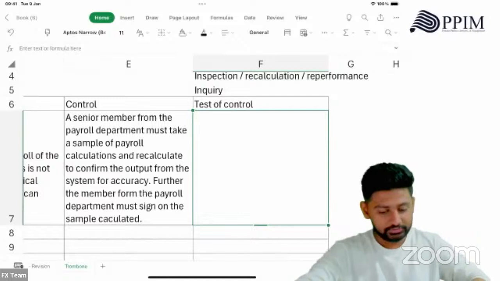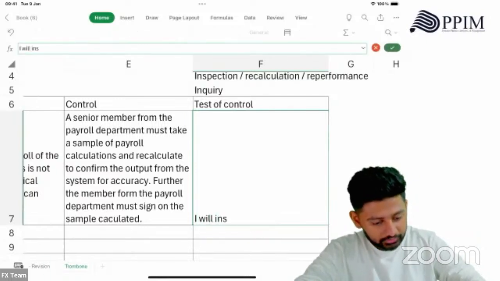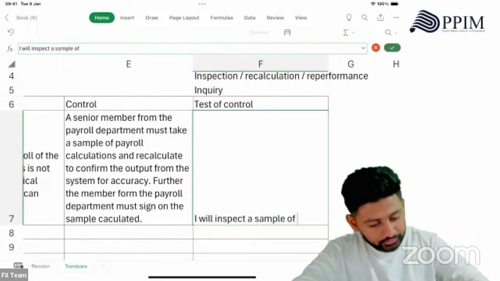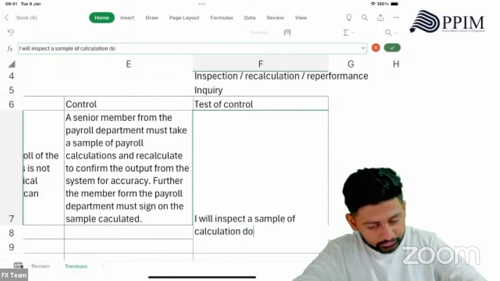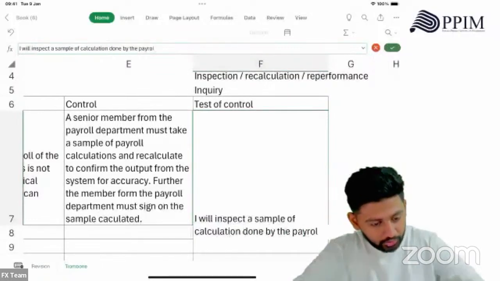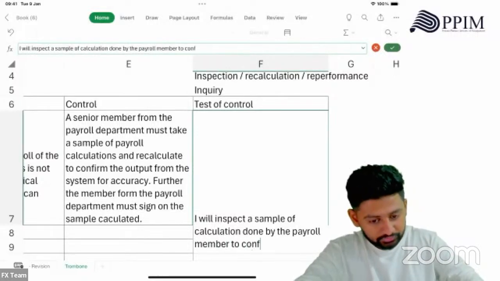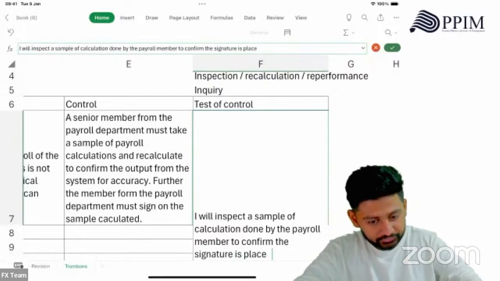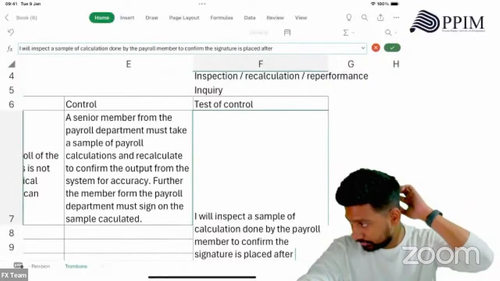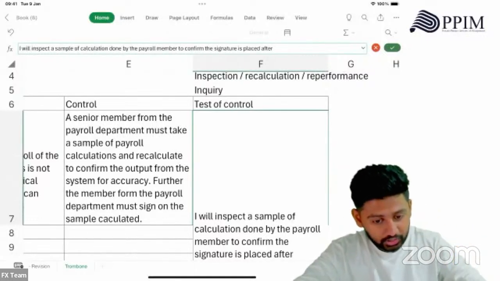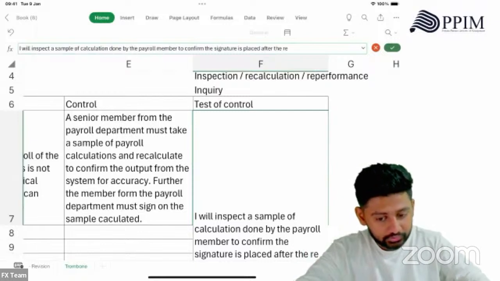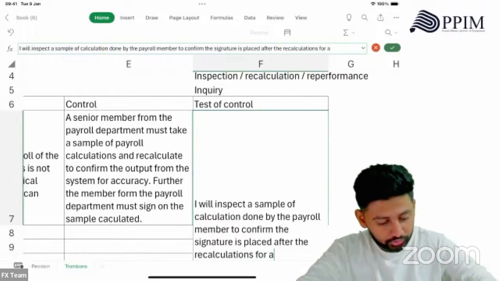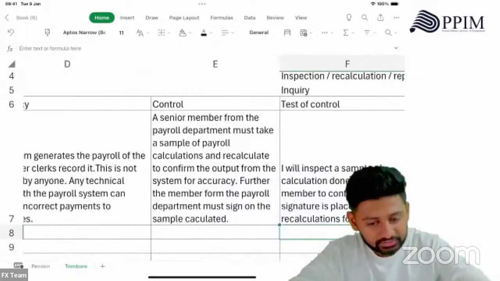So here what you would say is, I will inspect a sample of calculation done by the payroll member to confirm the signature is placed after the recalculation for accuracy. Guys, just read that.